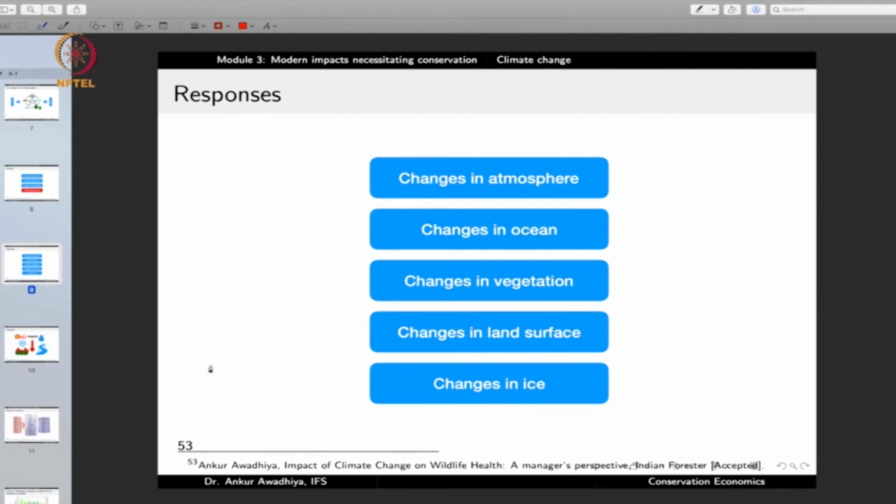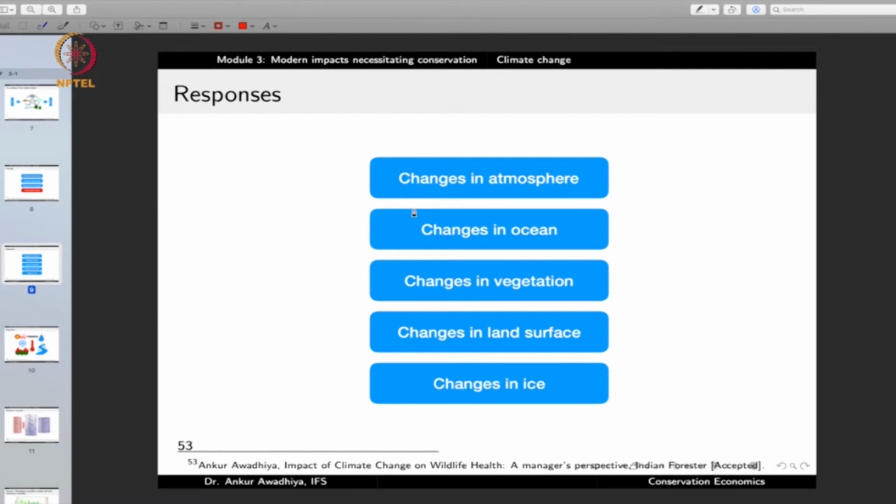Now, this may result in changes in, say, the flow of the ocean currents, or changes in vegetation, or changes in land surface, or changes in ice. So, if the earth heats up, then more and more of ice will melt and the water will get into the ocean. So, you will have a larger volume of water that is there in the ocean. And even this water, when it gets heated up, it will expand.